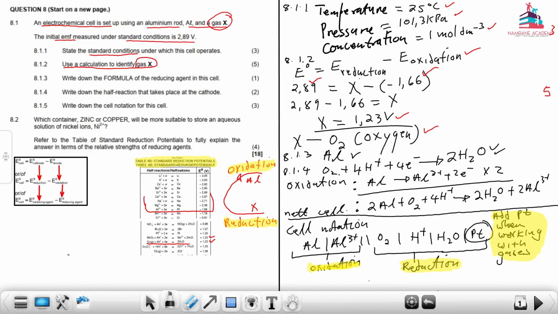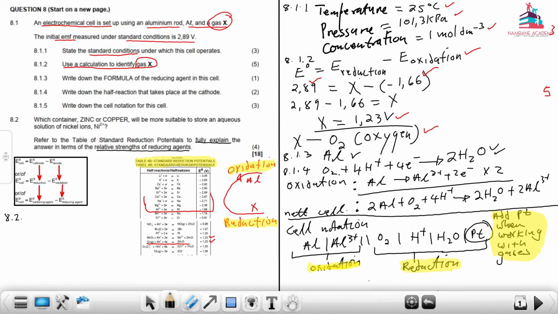So at 8.2, they say, which container, zinc or copper, will be more suitable to store an aqueous solution of nickel ions, that is nickel 2 plus? Refer to the table of standard reductions to fully explain in terms of the strength of the reducing agents.